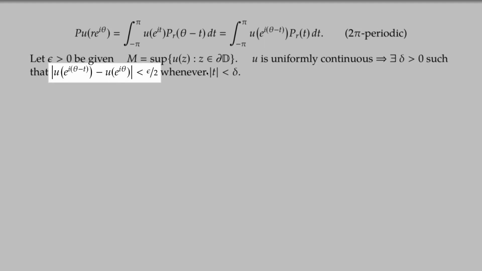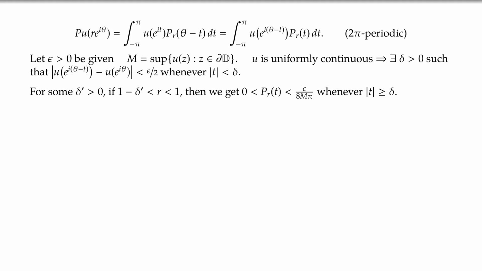Whenever t is small, less than delta, then θ minus t and θ are delta close, and so we can make it less than whatever epsilon we want. So we pick a delta such that this is less than epsilon over 2.